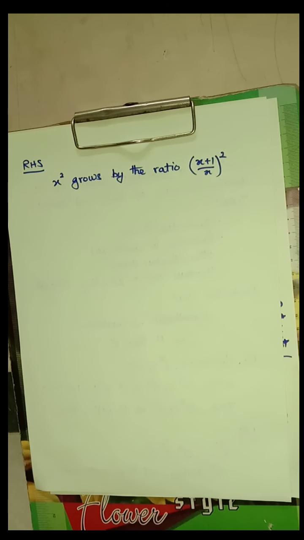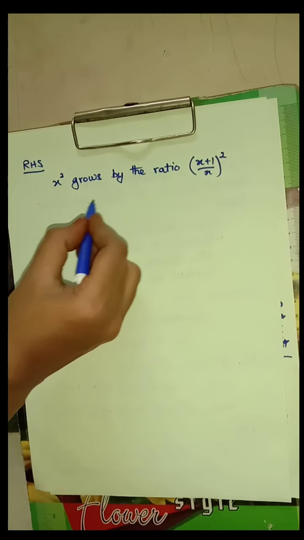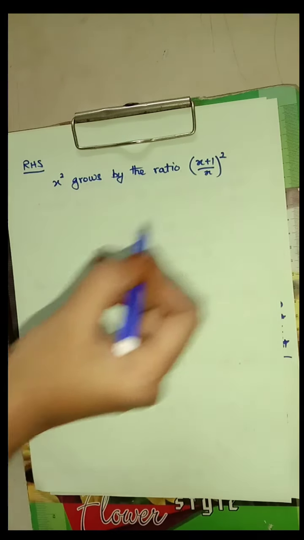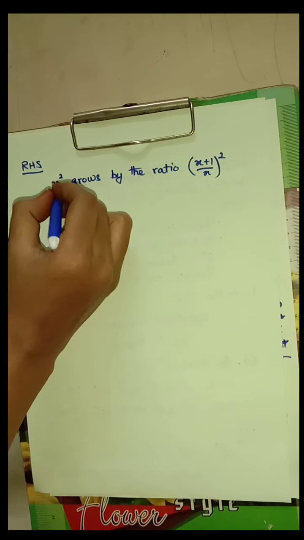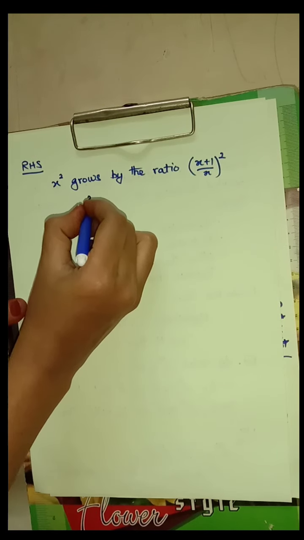In the right hand side of the conclusion, x squared grows by the ratio x plus 1 by x whole square. Meaning, suppose I substitute x is equal to 4, we have 4 square.